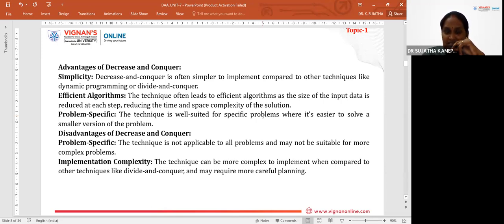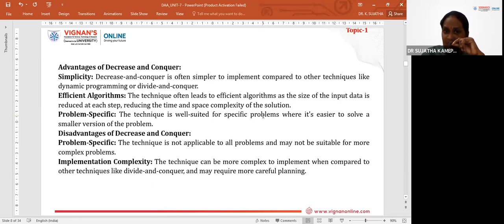We can easily understand the decrease and conquer algorithm design strategy when compared to dynamic programming and other algorithmic design techniques. Coming to efficient algorithms, this technique often leads to efficient algorithms as the size of the input data is reduced at each iteration. Since the size of the problem is reduced at each iteration, it automatically reduces the time complexity and space complexity.